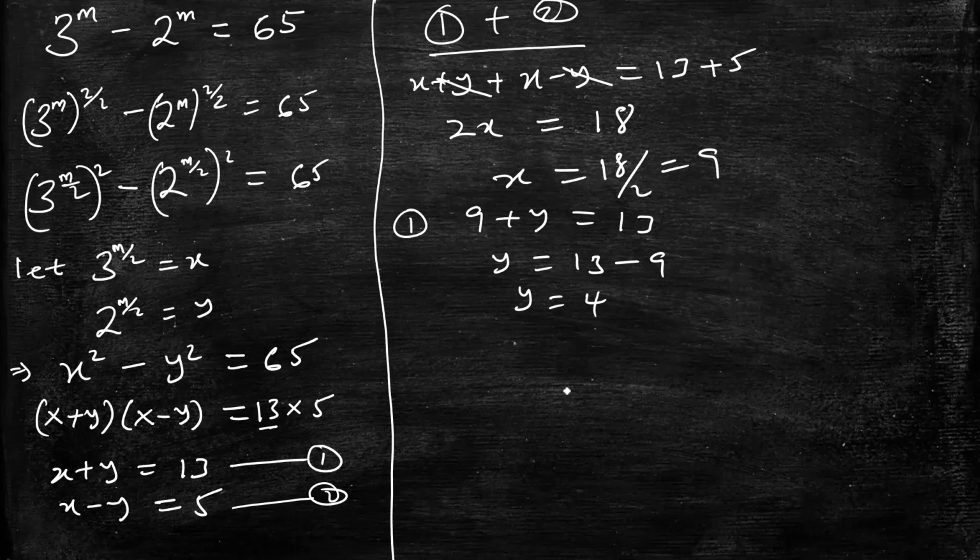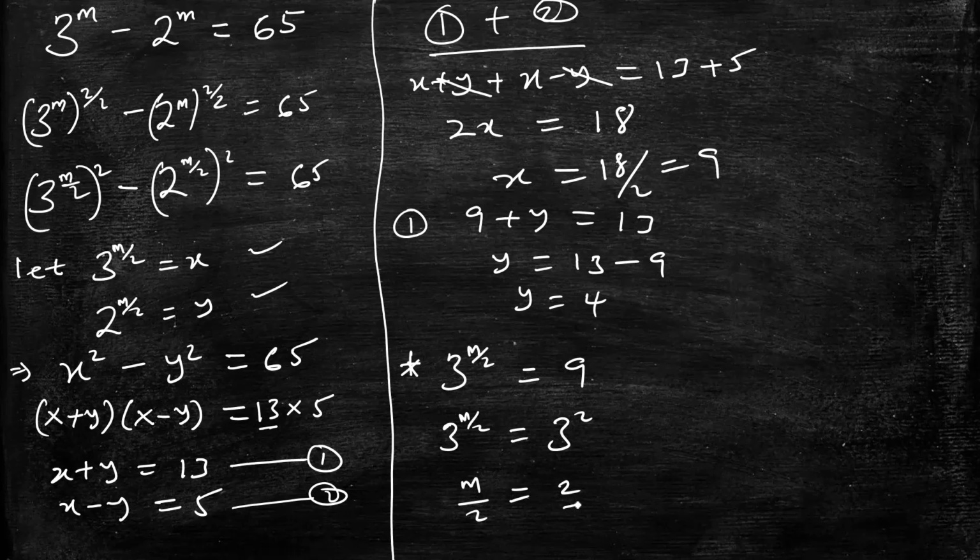Okay, so let's go back to this. Now let's do the substitution. The first one has to do with 3 raised to m on 2 equals x, but x is 9. So we can change the right hand side to 3 to the power 2. So we have m on 2 equals 2. Therefore, m is 4.